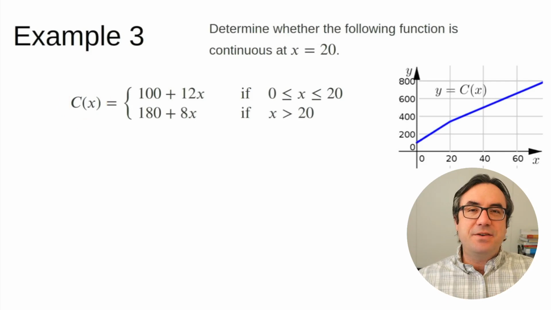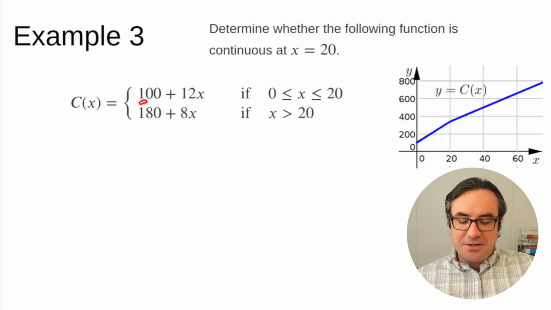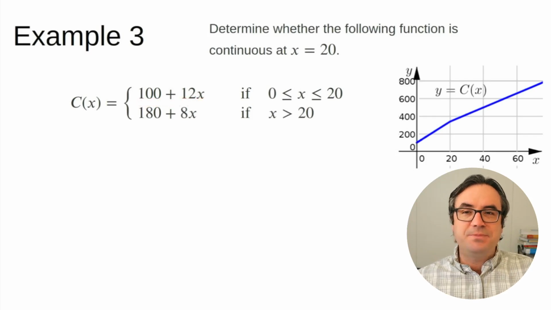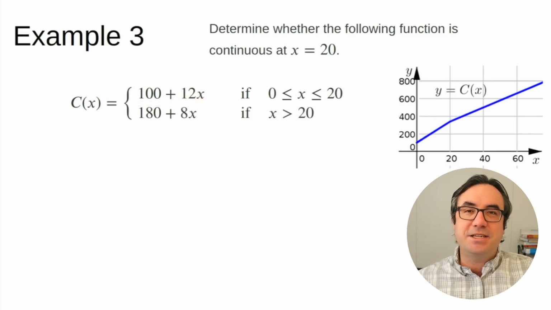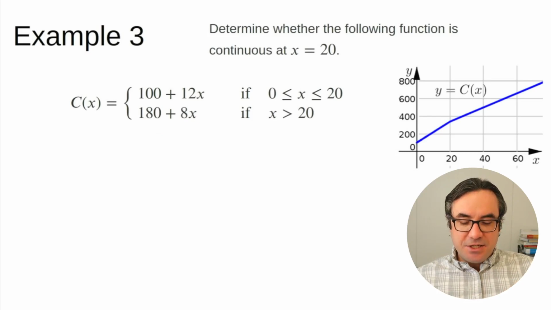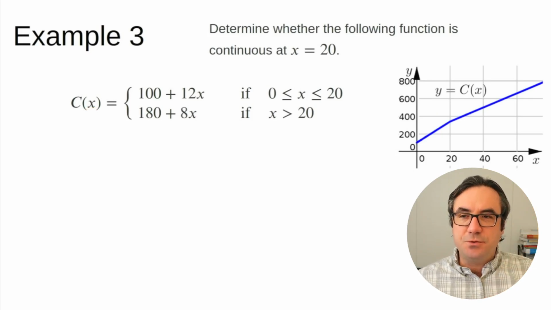Think of it as, for this one, there's two pieces. There's this 100 plus 12x piece, and then there's this 180 plus 8x piece. The way a piecewise function works is, depending on what x value you plug in, you have to decide which piece of the formula to use.